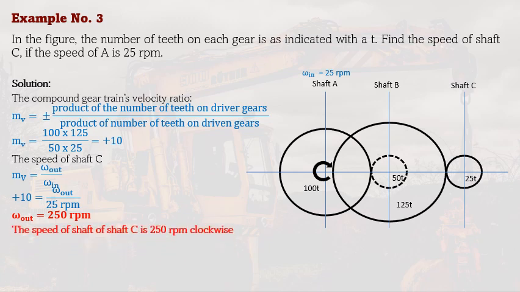So the speed of shaft C is 250 RPM clockwise. You can verify the direction by examining the rotation of the rolling cylinders. So that is 250 RPM clockwise for shaft C. As you can see, we're able to achieve a higher speed by using a gearing system, from 25 RPM to 250 RPM.